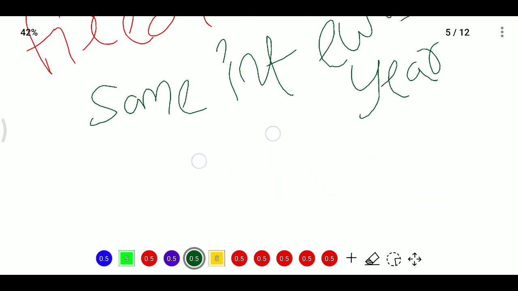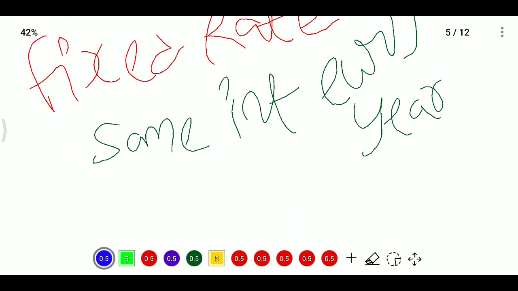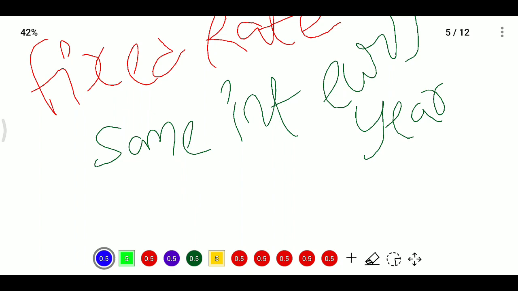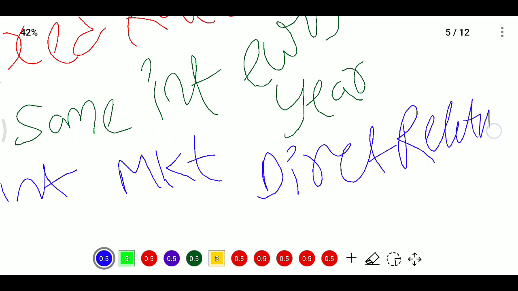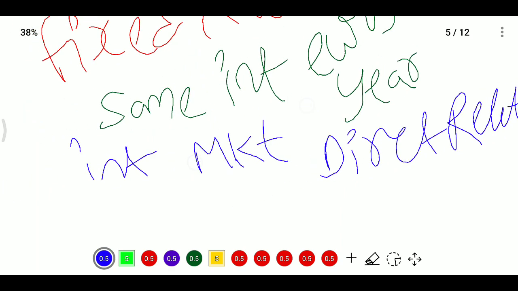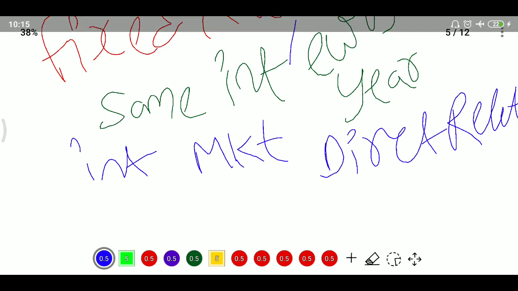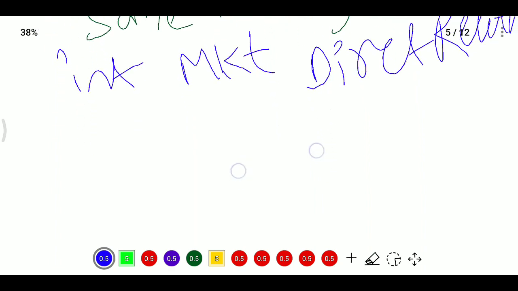So interest paid is based on the market, and the two are in a direct relationship.